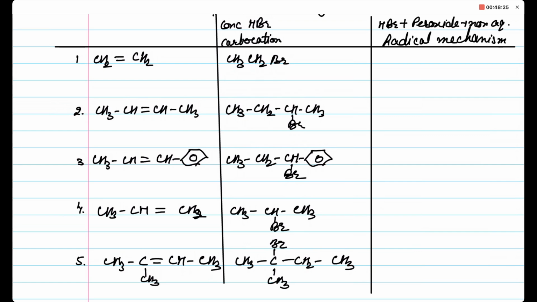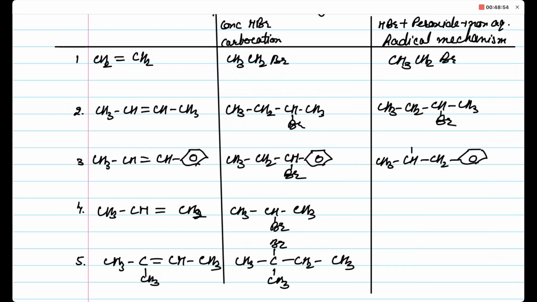So here the only product turns out to be CH3CH2Br. Here the only product turns out to be CH3CH2CHCH3Br. Here the only product is CH3CH2. Here we are going to get two products, but the major product turns out to be CH3CH2CH2 benzene ring, and here it is Br.